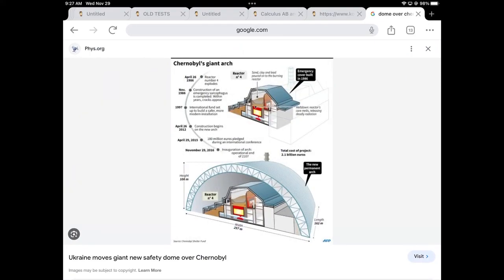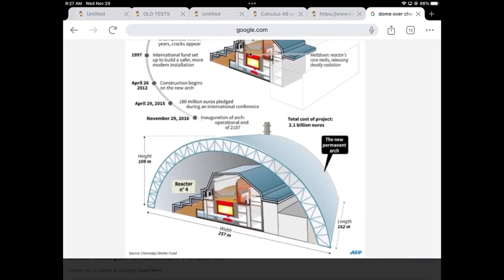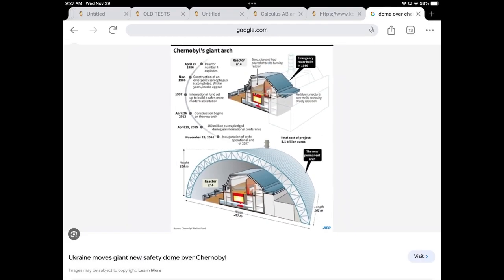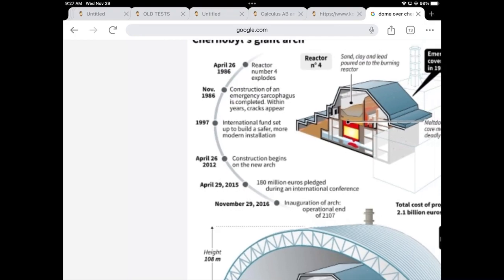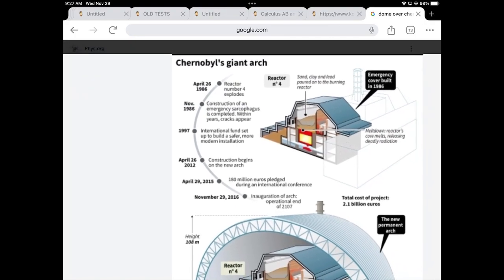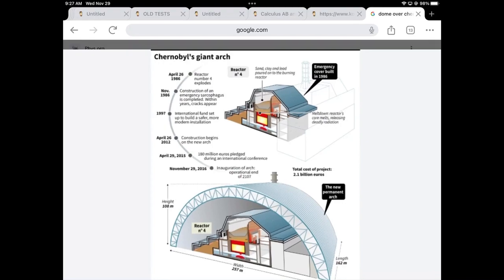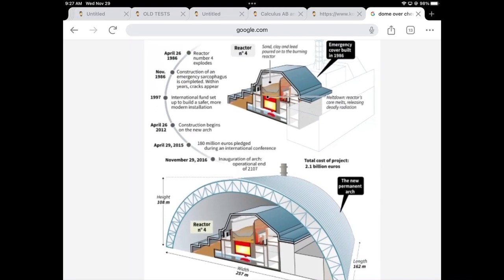Here's a picture of what's going on. 2016, the inaugural arch operation. So blah blah blah. Yeah, so 2016, but it's built. So now it's containing. It looks like there's another containment under the arch that's capping the reactor there, so that they've got double wall insulation.